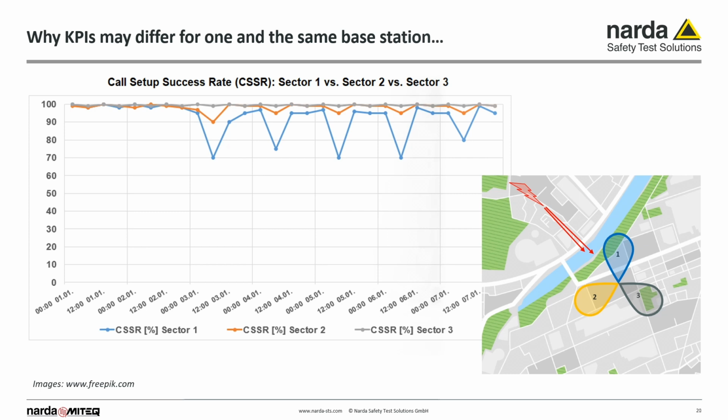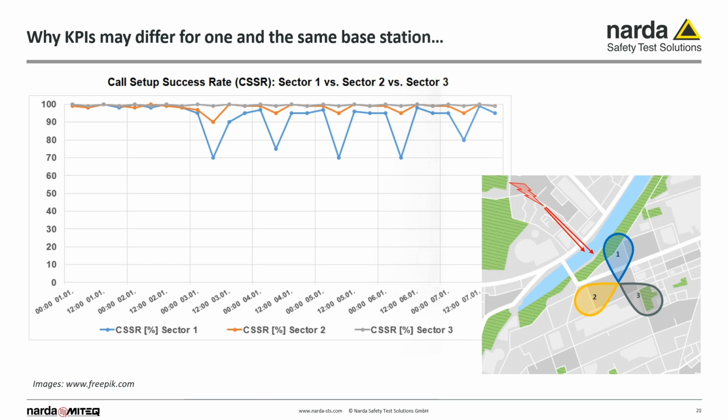The CSSR may drop due to external radio interference, blocking cell phones from properly connecting to the base station. Such interference does not need to affect an entire base station equally. As shown in the example, the interference affects Sector 1 severely, Sector 2 just slightly, and Sector 3 not at all. This is mainly due to the location of the interferer and the alignment of the base station antennas.